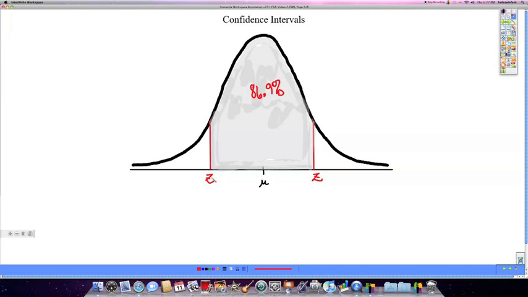Now, in order to find this z-score, we are going to want to know what this area is. Since the z-charts are set up in such a way as to only show left areas, then this is the area that we're concerned with.